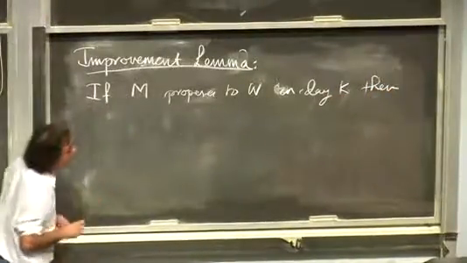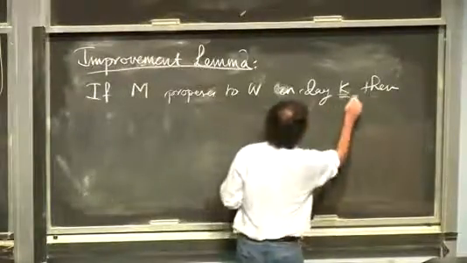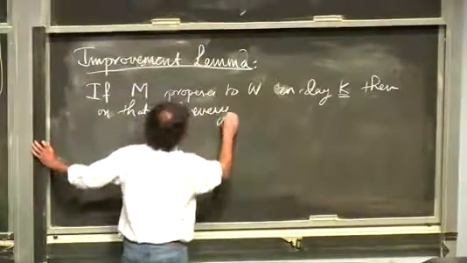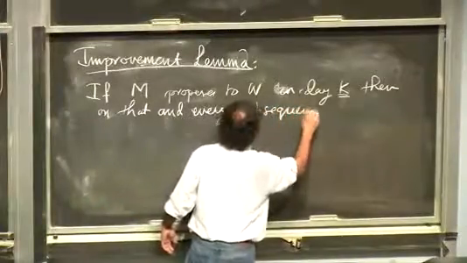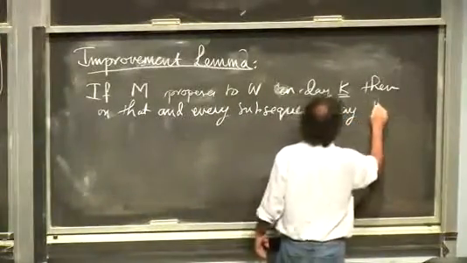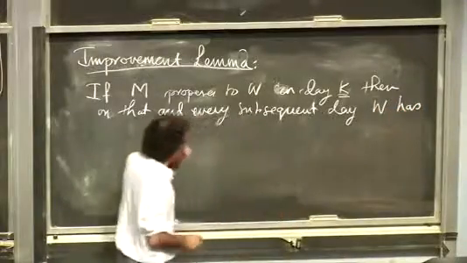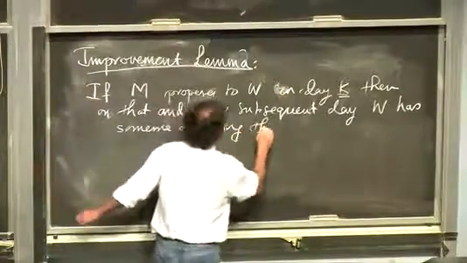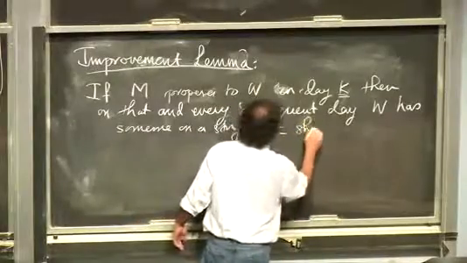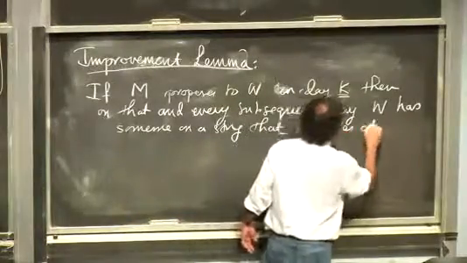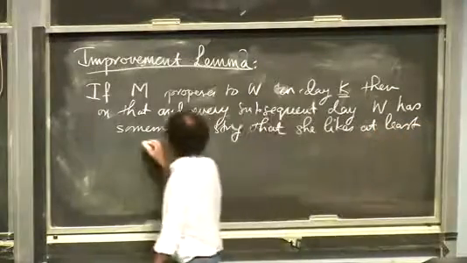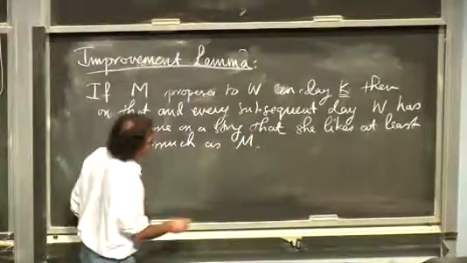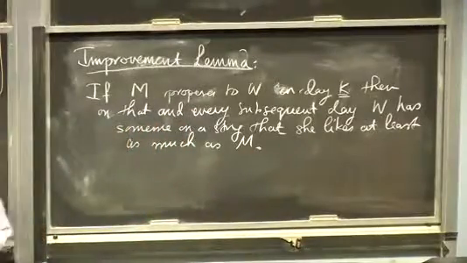So if M proposes to W on some day, day number k, then on that and every subsequent day, W has someone on a string that she likes at least as much as M. So it's saying things get better and better.